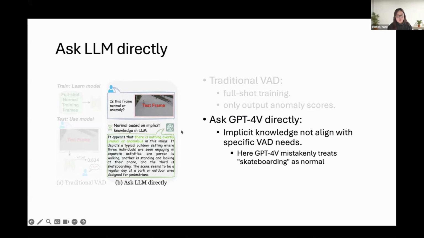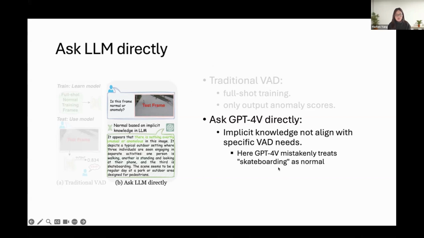And here GPT-4V mistakenly treats skateboarding as normal, because in a general context, skateboarding is indeed a normal activity. But in the specific context of, say, a restricted area only for pedestrians, or in those benchmark datasets, skateboarding could be considered anomalous behavior.